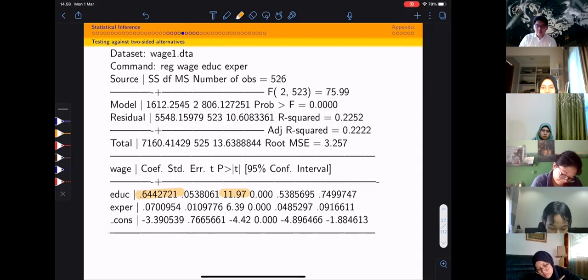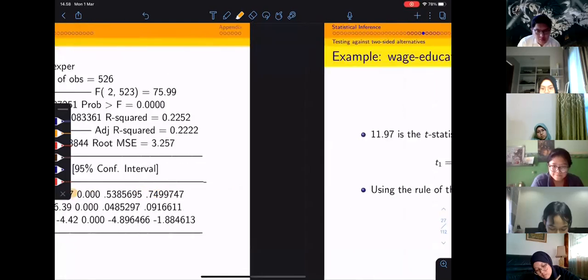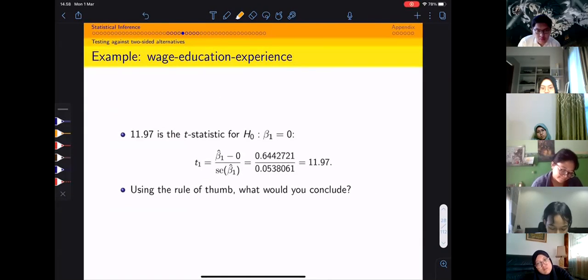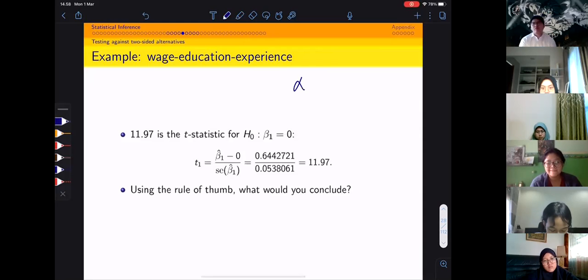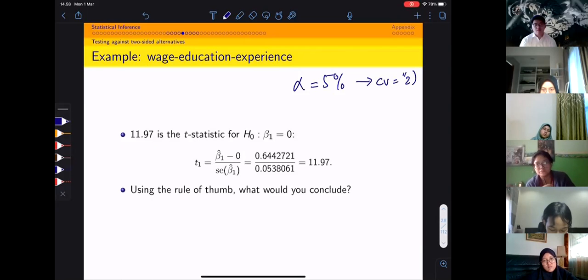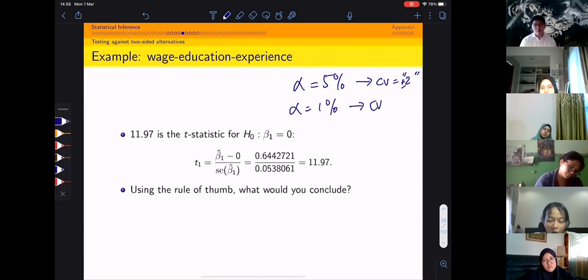Okay. So that's the idea of two-sided hypothesis testing. This is just another example. If you use the rule of thumb, say for alpha of 5%, then the critical value is ±2. And for alpha equals 1%, the critical value, again for a two-sided test, is ±2.6.